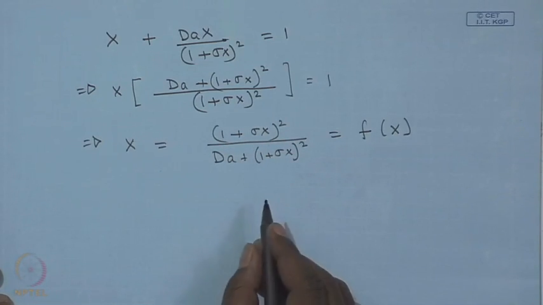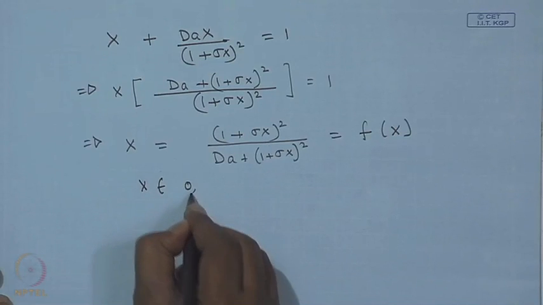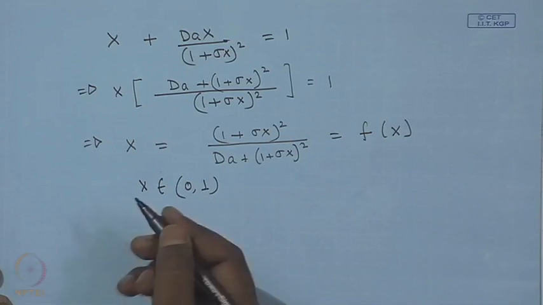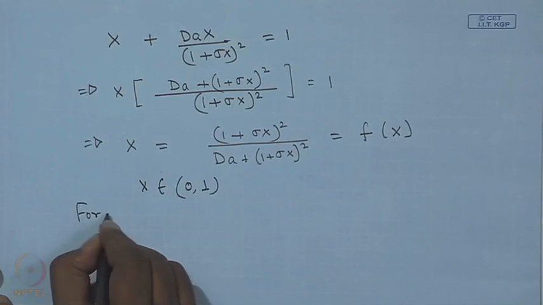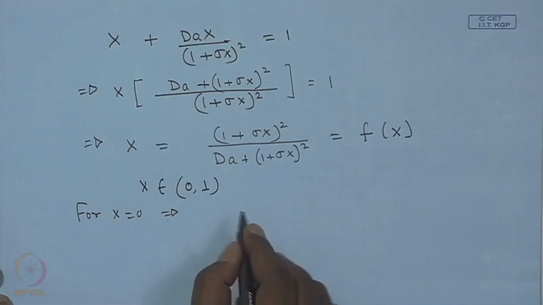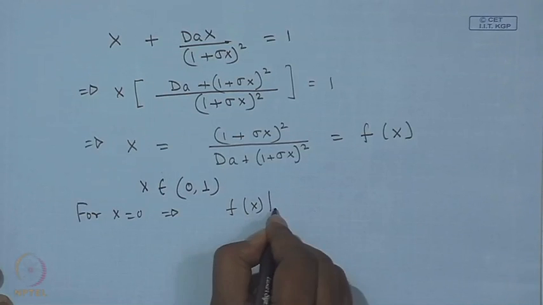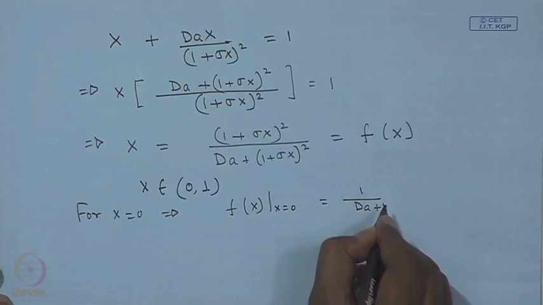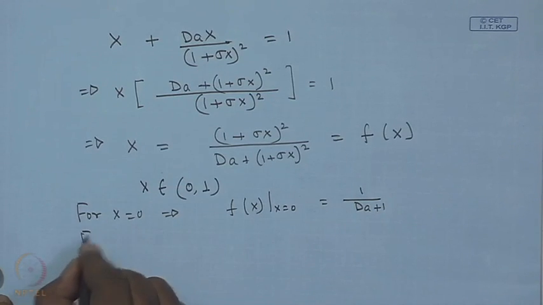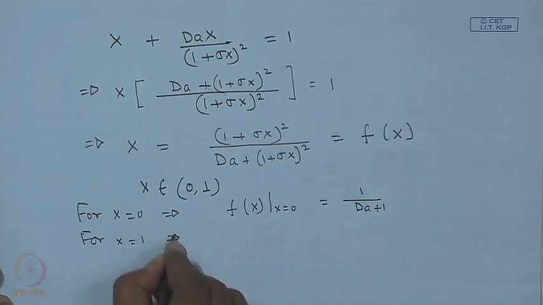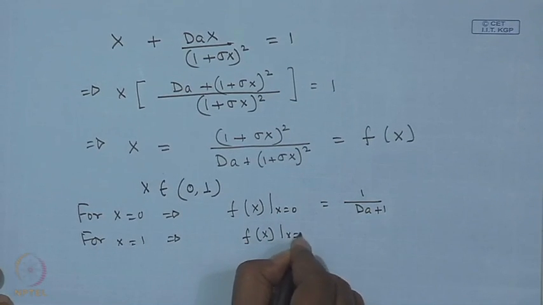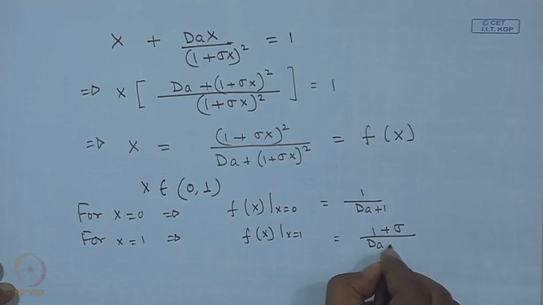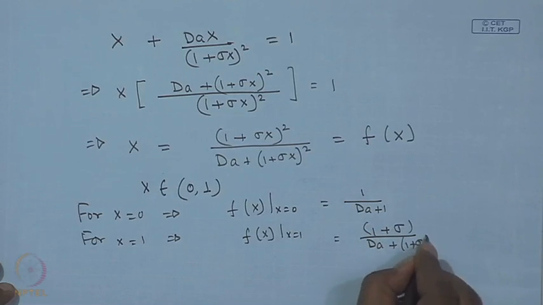So, as we have seen earlier, x lies in the domain 0 to 1. In this domain, you can check it for x is equal to 0, that is the minimum value of x. What is the value of f(x)? For x equal to 0, this will be 1 divided by dA plus 1. For x is equal to 1, what is the value of f(x)? This will be (1 plus sigma) divided by dA plus (1 plus sigma).